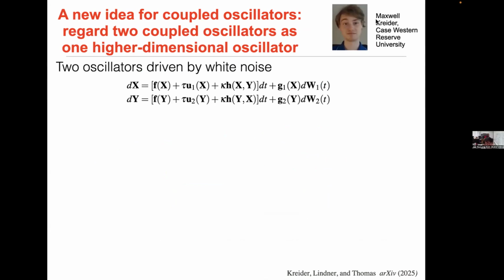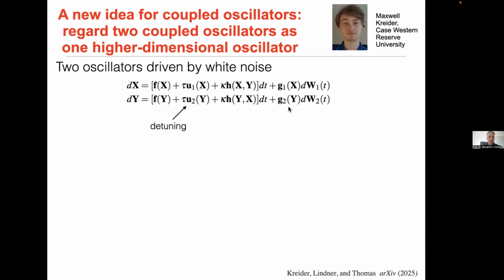And he pursued the idea to regard the full system of two coupled oscillators as just one big system, and to consider the Q function for this bigger system, and to analyze what happens there with the eigenvalues. Okay? And it turns out that this gives you a new definition of synchronization between stochastic oscillators.